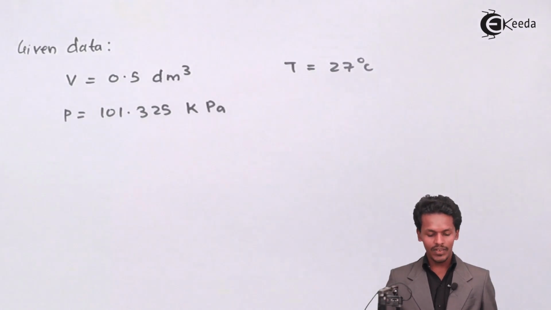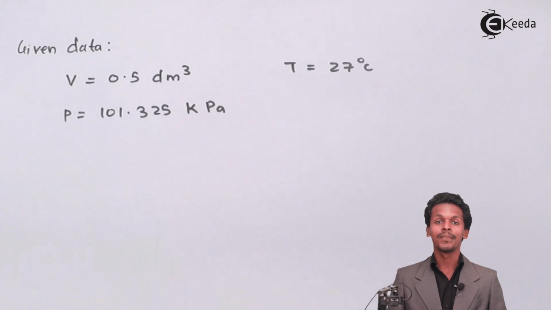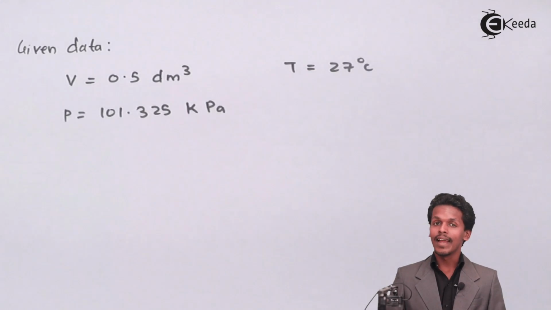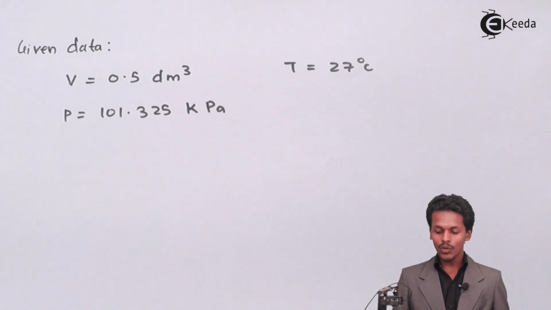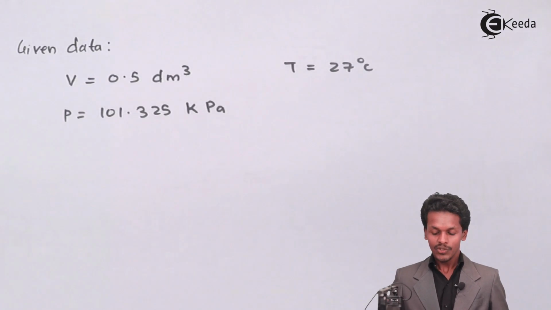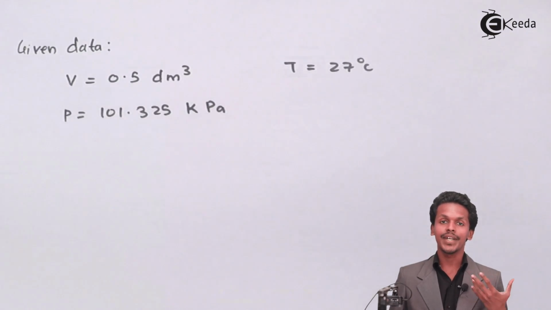We did a lecture on the gas constant and its units. It has different values depending on the units and the parameters that we take. In this case, the pressure is given in kilopascal, so we are going to convert it into Pascal.